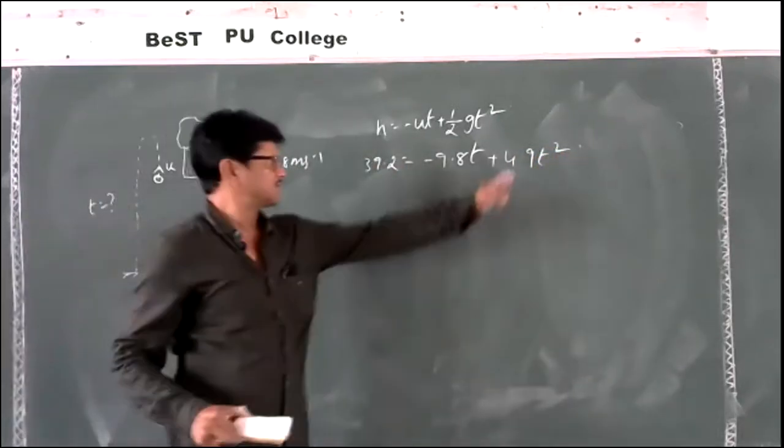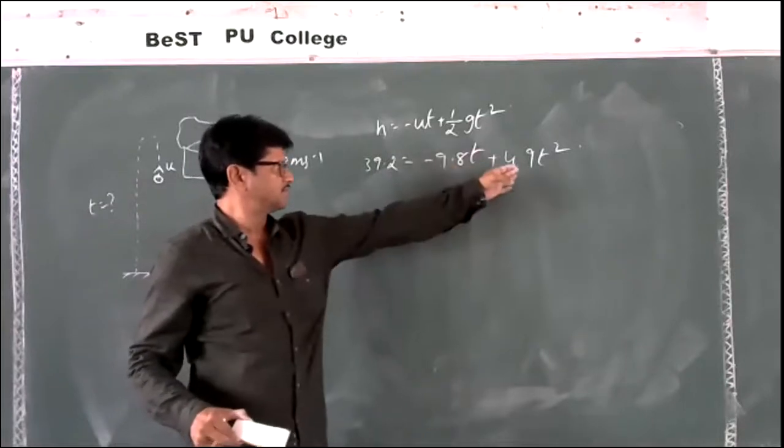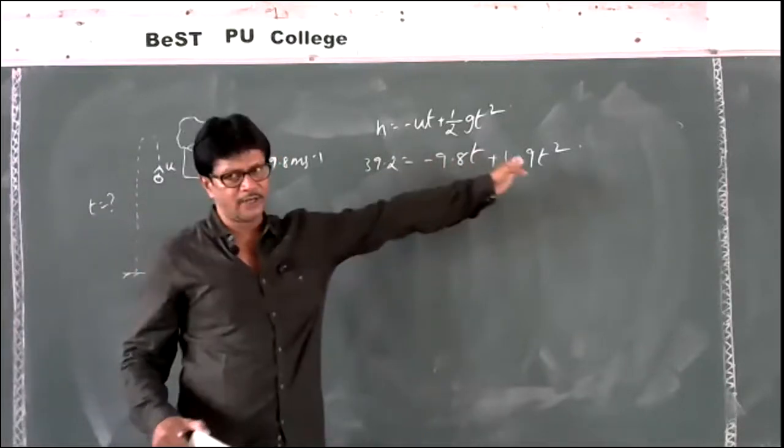By seeing this, we can say that every term is divisible by 4.9.